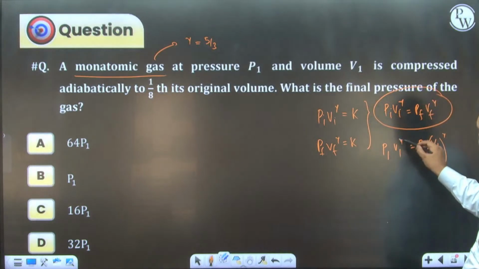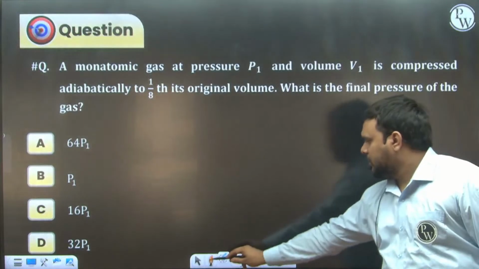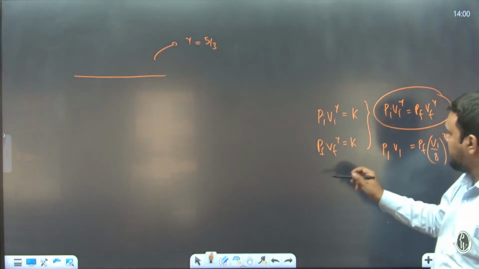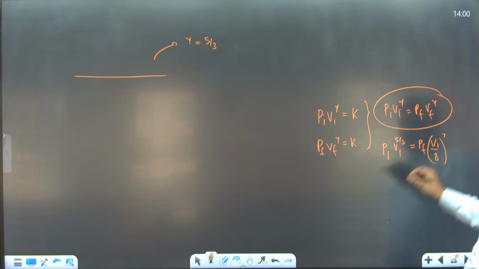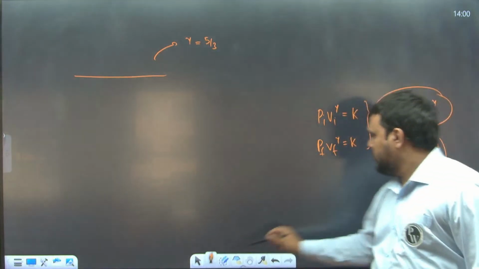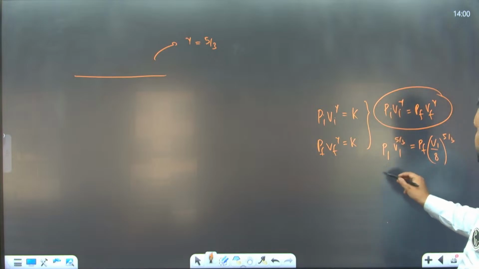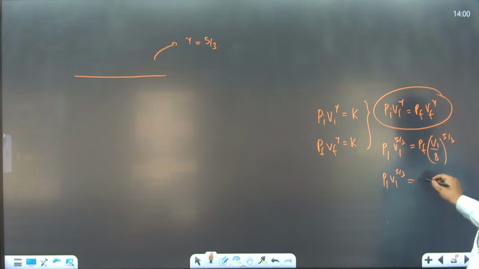Okay, so I'm putting the value 5 by 3 here, and here also 5 by 3. So let us calculate: P1 V1 power 5 by 3 is equal to P final V1 power 5 by 3 upon 8 power 5 by 3.